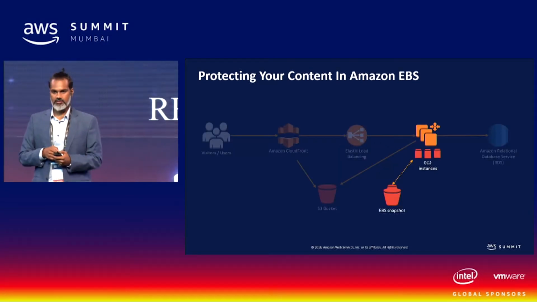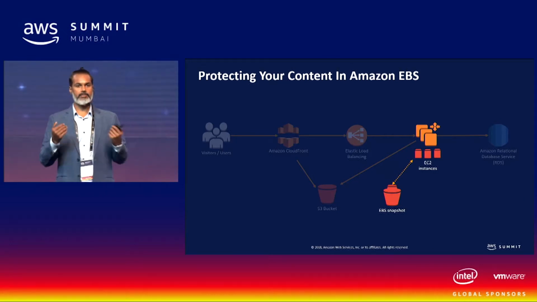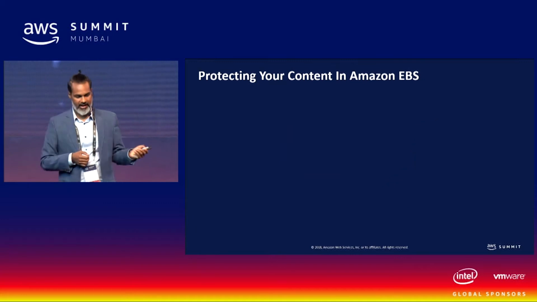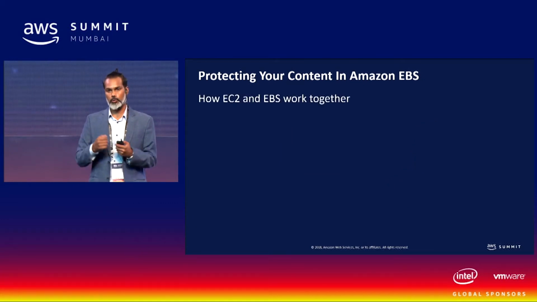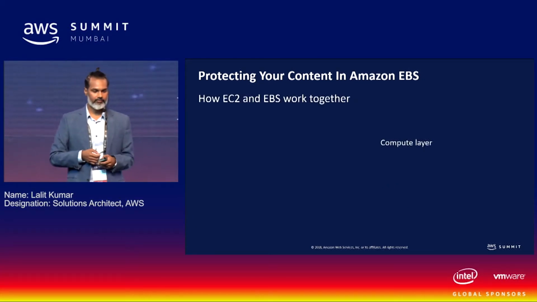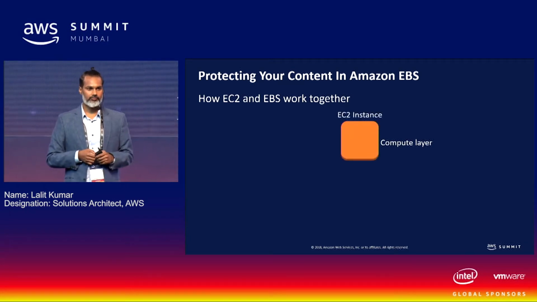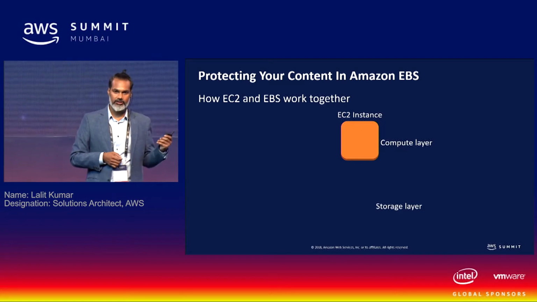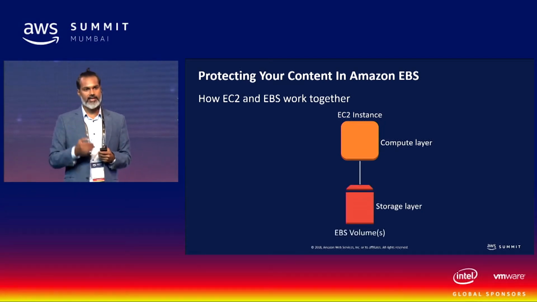Another aspect is EC2 and EBS volume. On the EBS volume side, let's understand how it works. There is a compute layer, which is EC2, and there is an EBS volume. EBS volume is a storage layer which connects to a server.